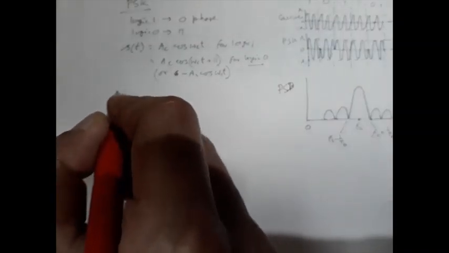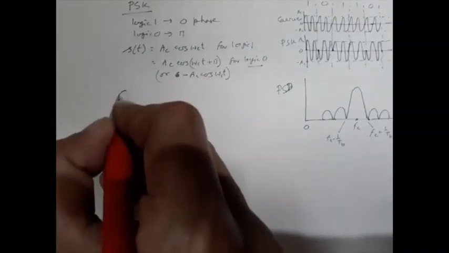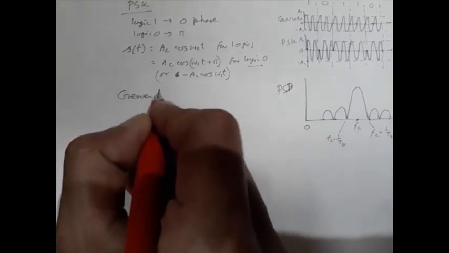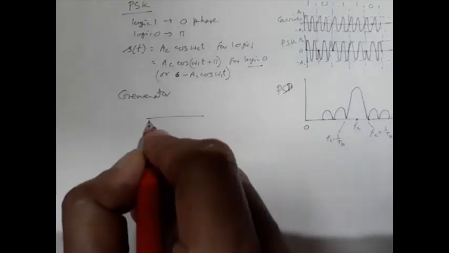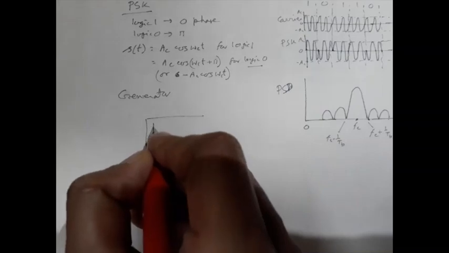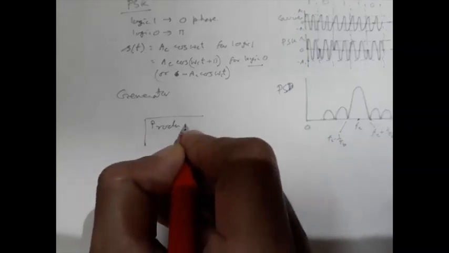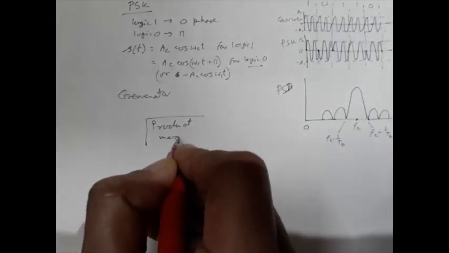Now the generation of PSK is almost identical to that of ASK. So here we have a product modulator again.